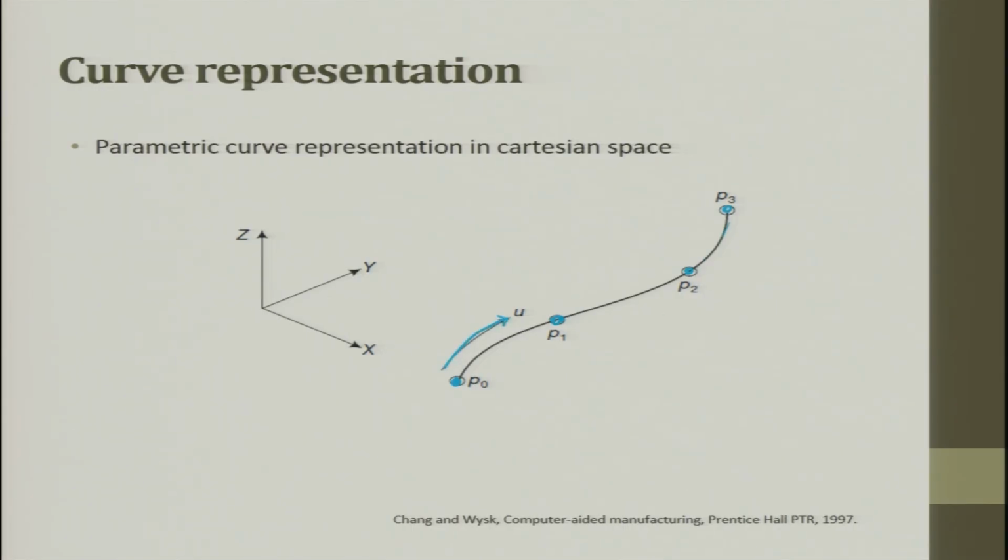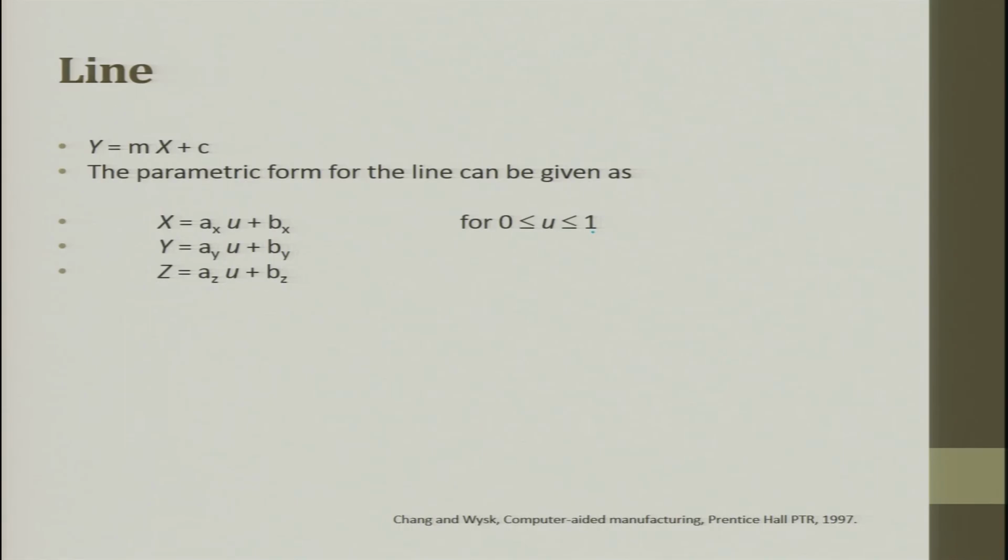Here is the u vector. I can take any value from 0 to 1 and start drawing the curve. If you want to represent a line, which is a simple equation in parametric form, you represent it as x, y and z. Now, u takes a value between 0 and 1.